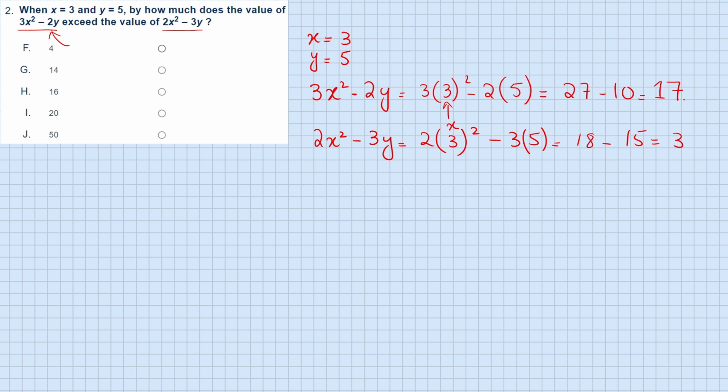And so 17 exceeds the value of 3 by 14 units. There is a difference of 14 between the two expressions. So 14 is our answer: 3x squared minus 2y exceeds 2x squared minus 3y by 14 units. So this is option G.